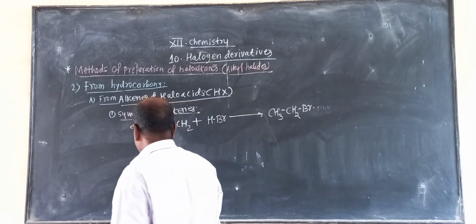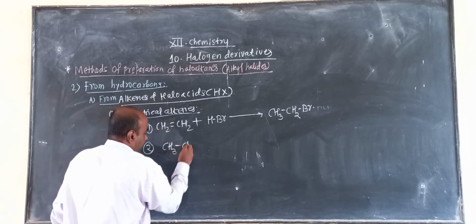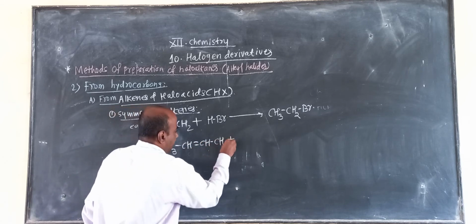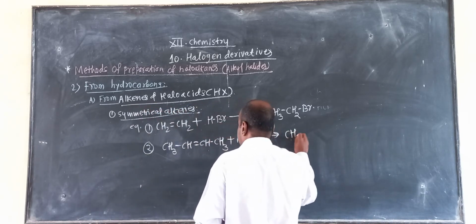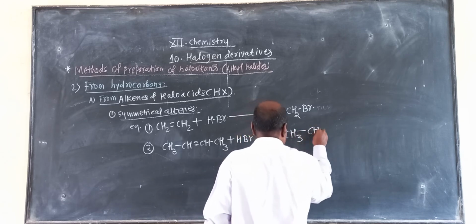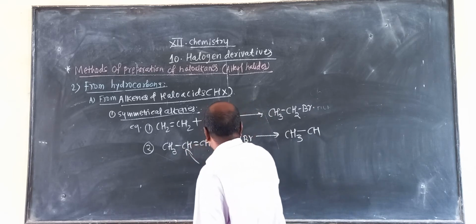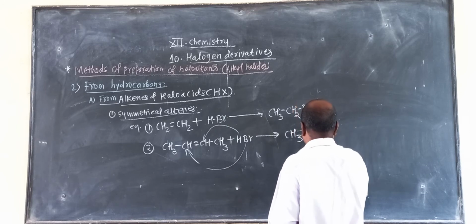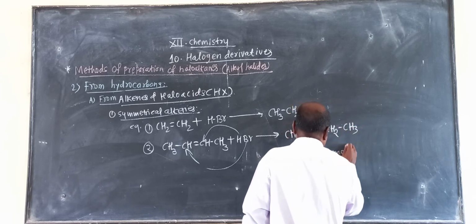Or if we take butene, which is a symmetrical alkene, then addition of HBr results in the same product, for example CH3 CH, suppose Br is added here, hydrogen is added across the carbon double bond, you get CH Br CH2 CH3, that is 2-bromo butane.